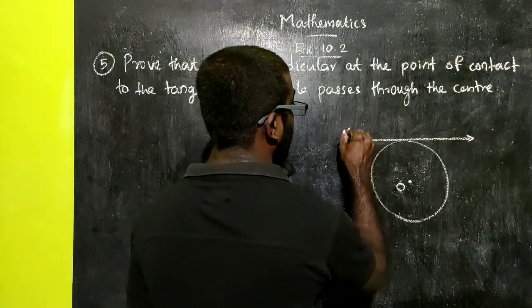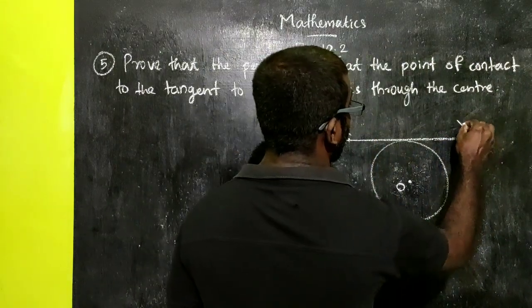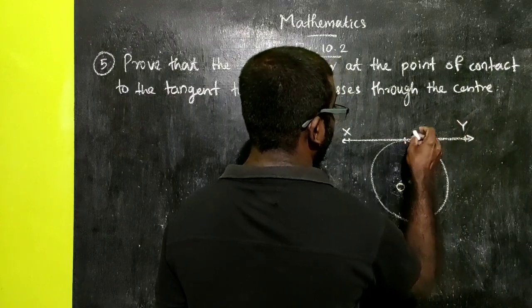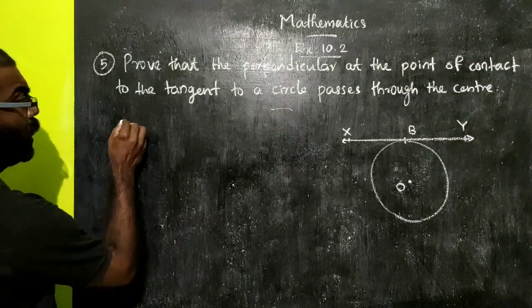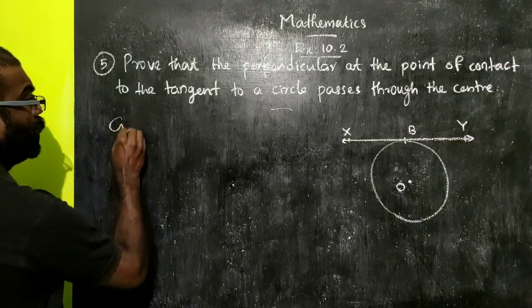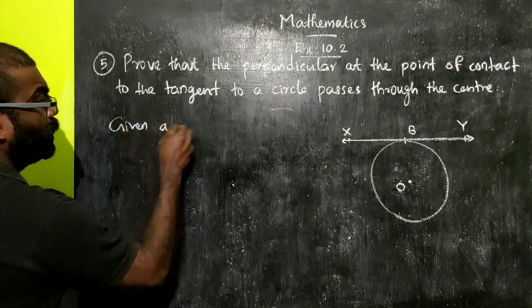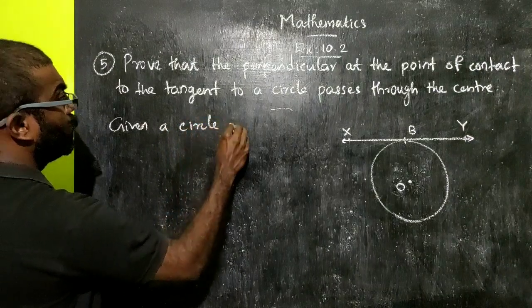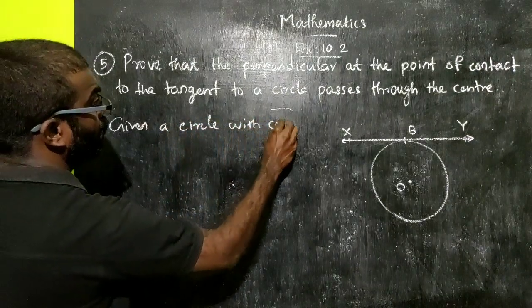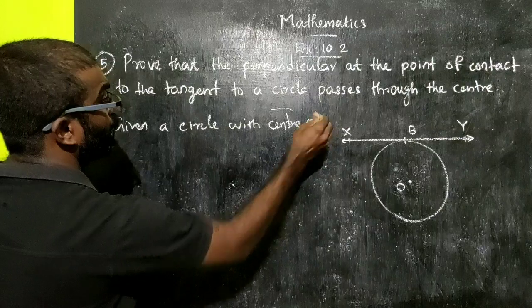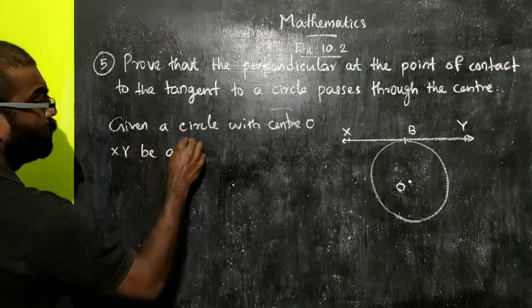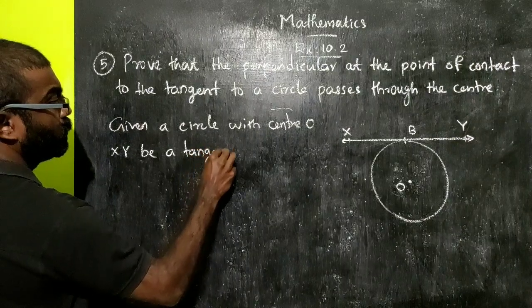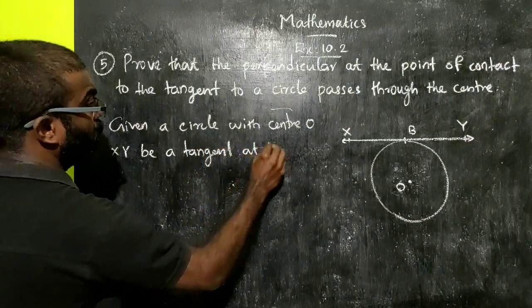Mark the tangent as XY and the point of contact as B. Okay, so here we can write, we are given a circle with the center O. XY be a tangent at the point B.